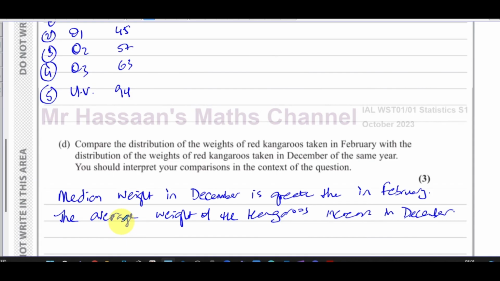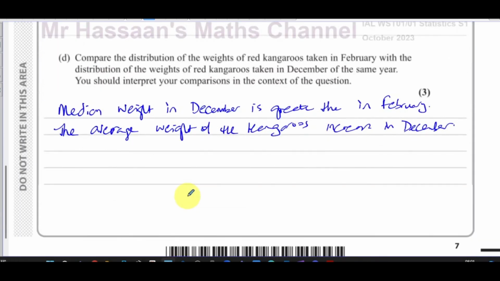And we can also say the interquartile range is slightly higher, or even if we say it's similar, the interquartile range for both is quite similar. Sorry about my bad writing here.